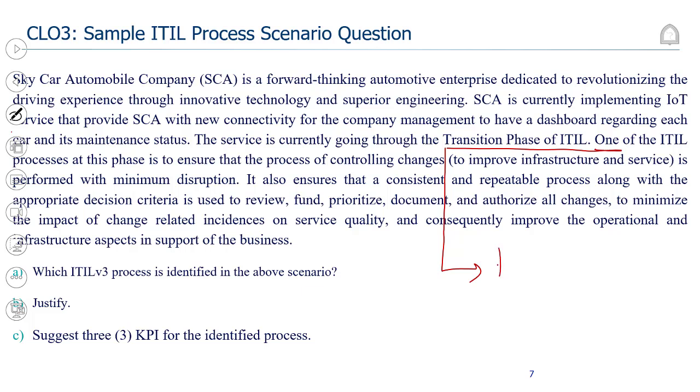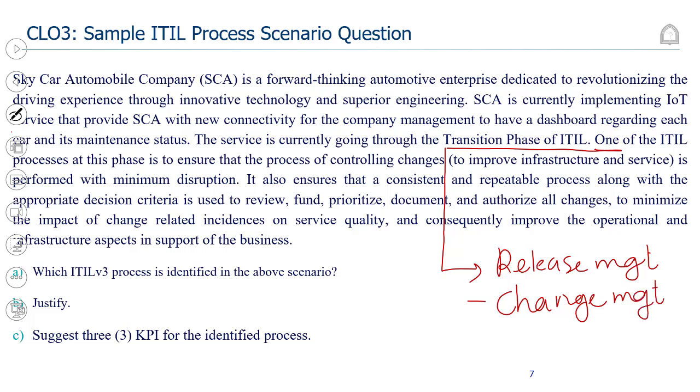Release management and then change management. Those are the two main processes that should come to my mind when I see the transition phase. So those are the two processes. So okay, we carry on. One of the processes in this phase is to ensure that the process of controlling changes to minimize impact is informed.